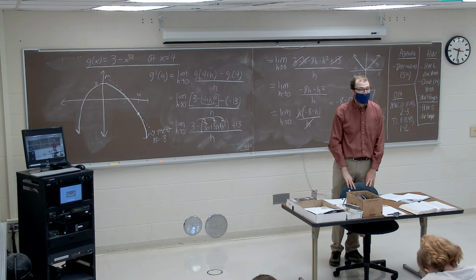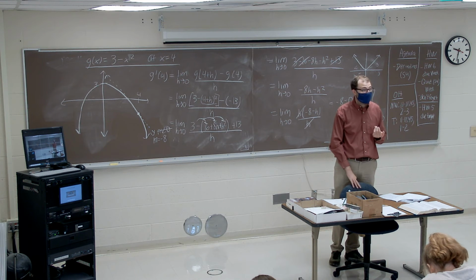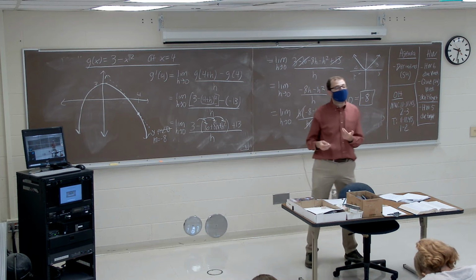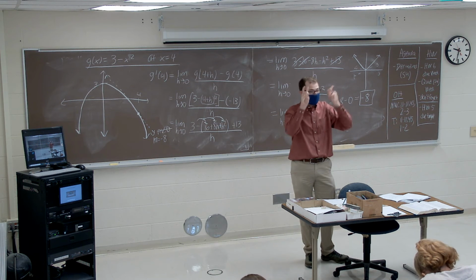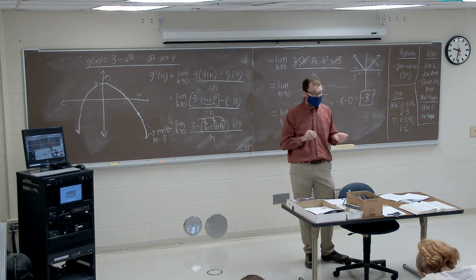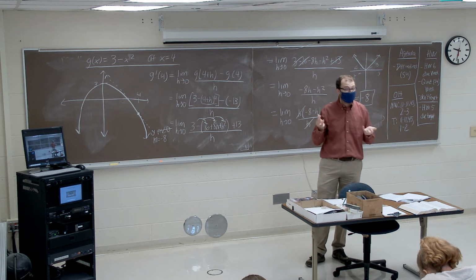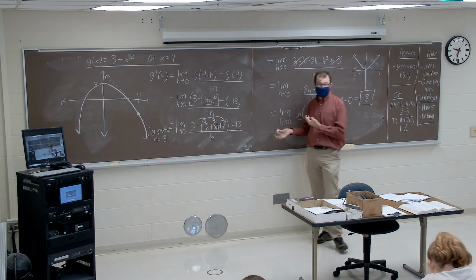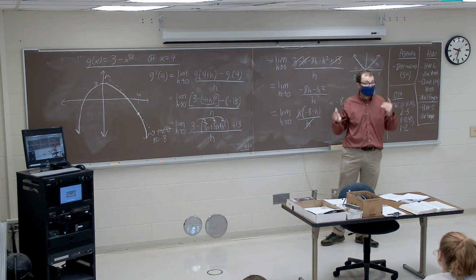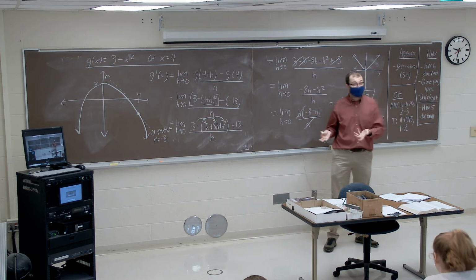But I want to see you do it the harder way a couple times. Get 2 masteries in standard 4. And in standard 4, we're not going to use the, quote, easy method, unquote. The reason is because I think it's important for you to see conceptually where the derivative is coming from. It's coming from taking this limit as h goes to 0 involving the average rate of change function.